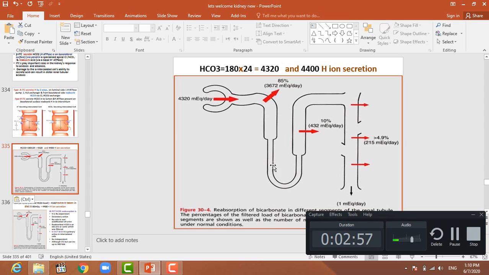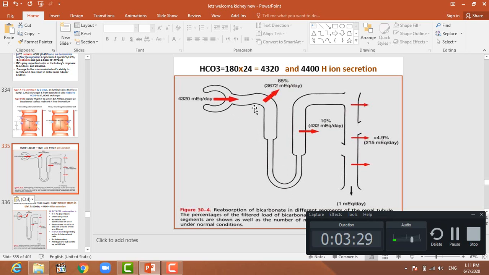The lower portion of the loop of Henle is not utilized in the acid-base balance, while 10% is reabsorbed in the thick ascending limb of the loop of Henle, and approximately 5% is reabsorbed in the distal convoluted tubule plus collecting duct, and only about 1 milliequivalent is going to be excreted in the urine per day. This is a rough idea.